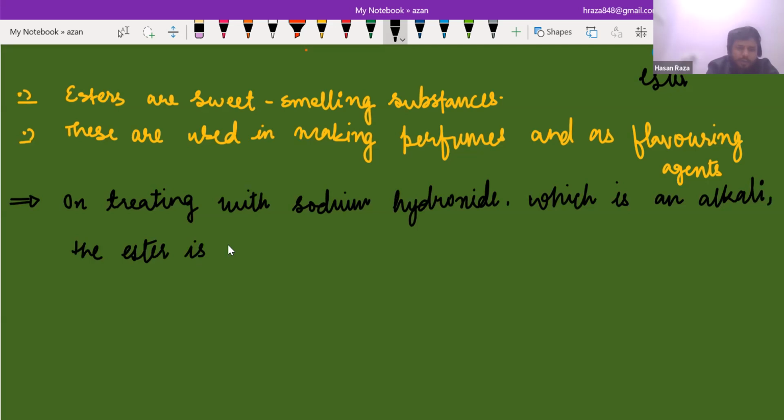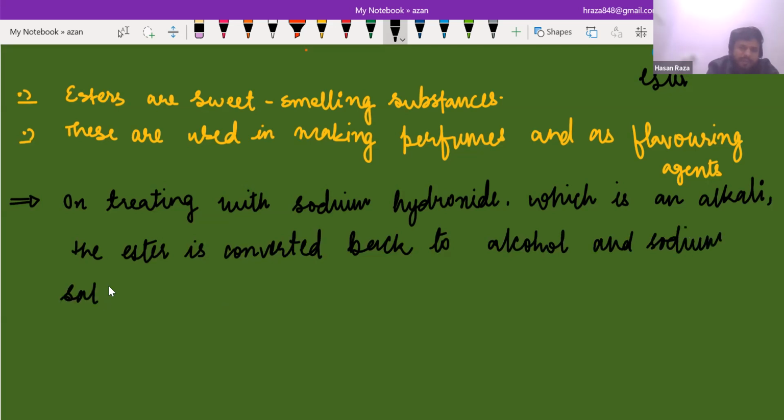the ester is converted back to alcohol and sodium salt of carboxylic acid. I will explain these points.